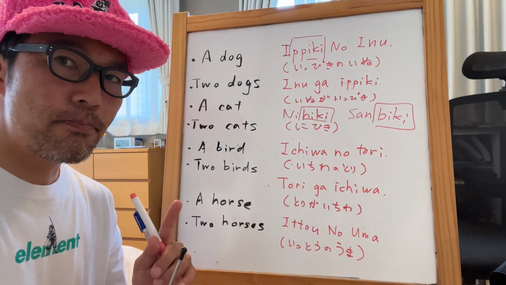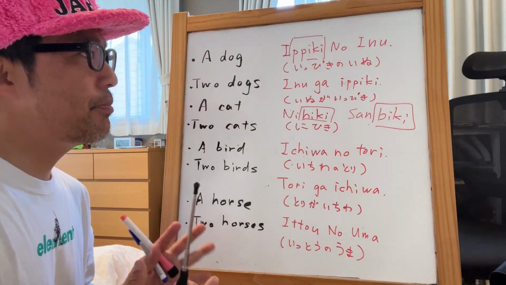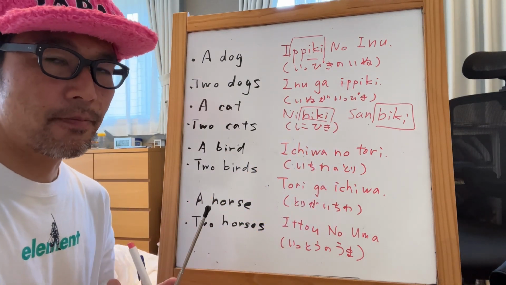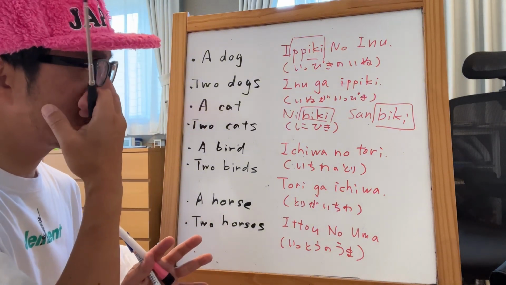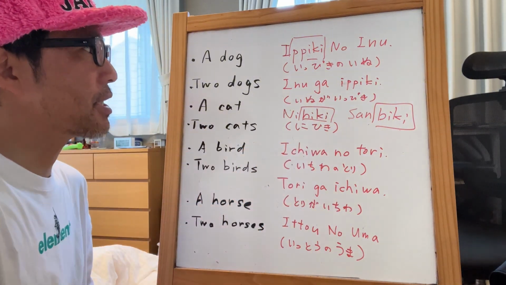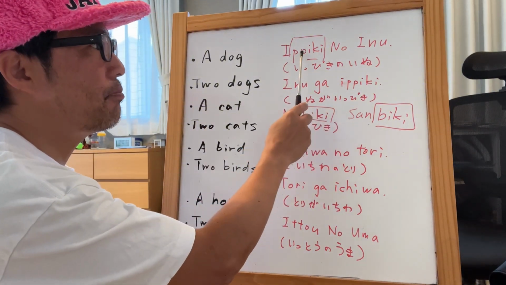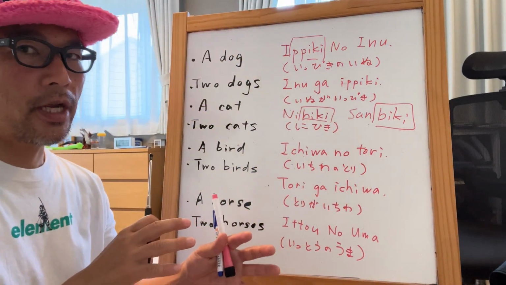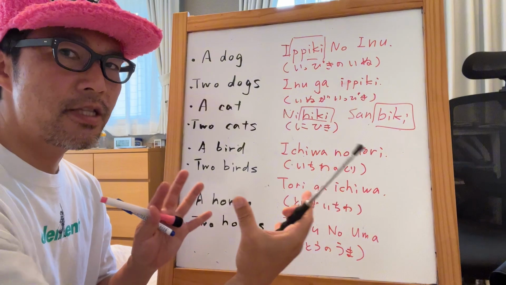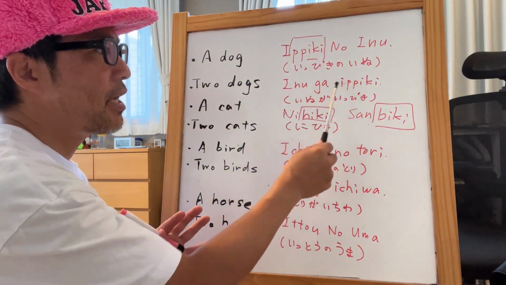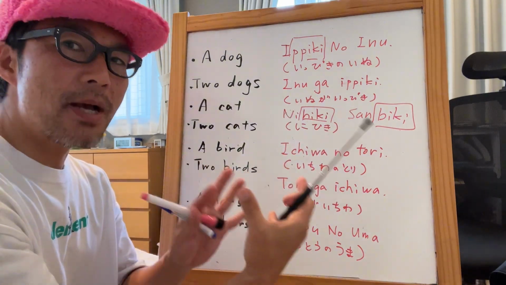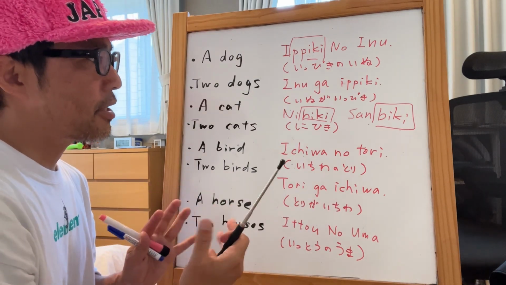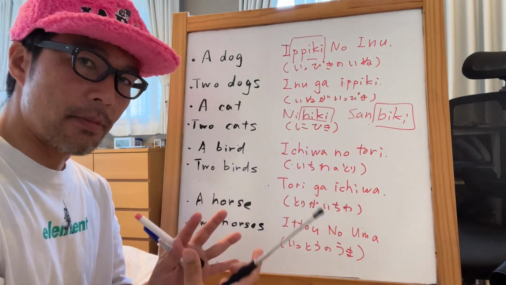Inu ga ippiki imasu. Ippiki no inu is more like just a word and not a phrase, not a sentence. So inu ga ippiki imasu is more like a sentence. There is a dog.